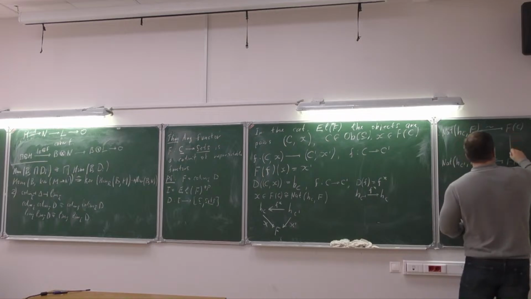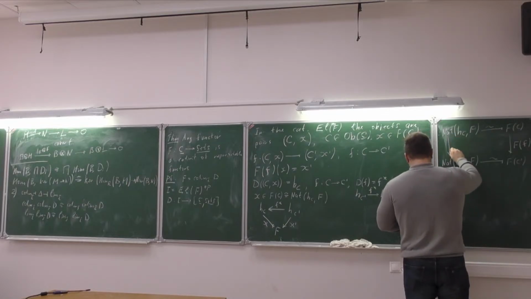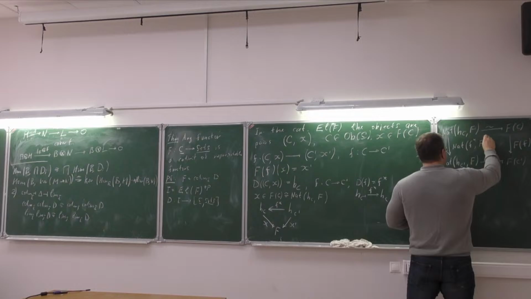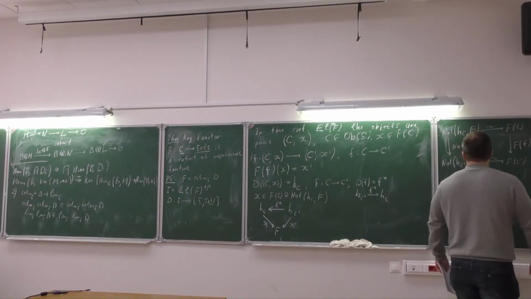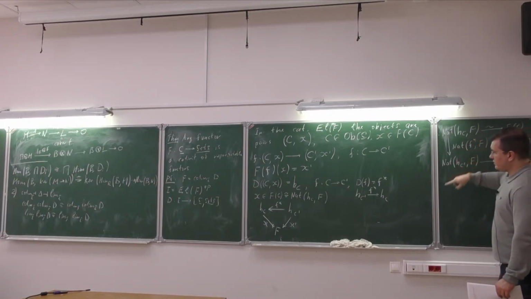So now here I have the functor F applied to the map little f. And here, well, I have just the natural transformations induced by the f upper star with a fixed second argument, which is just a functor F. And this f upper star is just the natural transformation which is induced here.